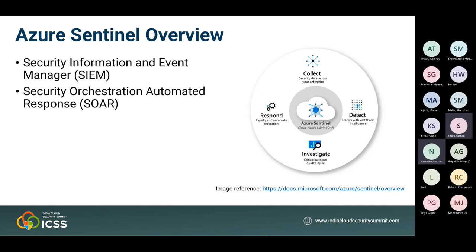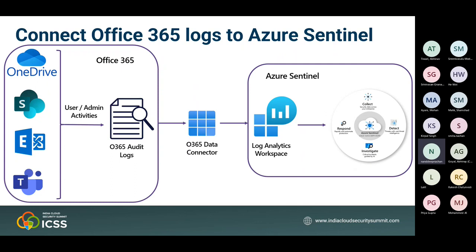It also investigates threats with artificial intelligence and hunts for suspicious activities at scale, tapping into years of cybersecurity work at Microsoft. It also responds to incidents rapidly, with built-in orchestration and automation of common tasks. So let's quickly see in a presentation how this works.